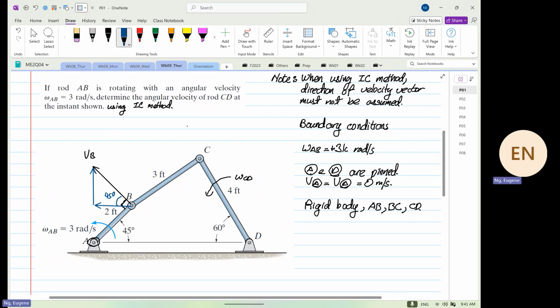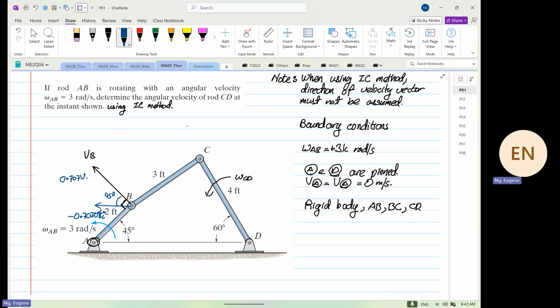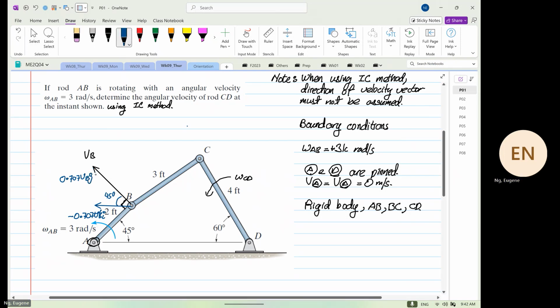So from here, we know that this is 0.707 VB i. This is minus 0.707 VB i. And the other one, sorry, I beg your pardon, is VB j. Because it is 45 degrees.